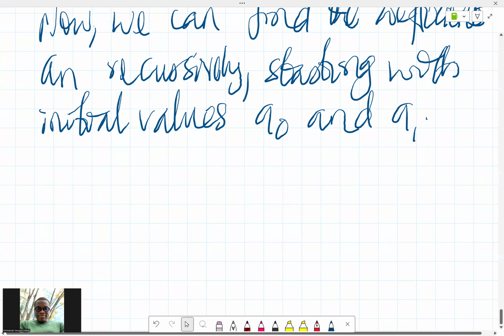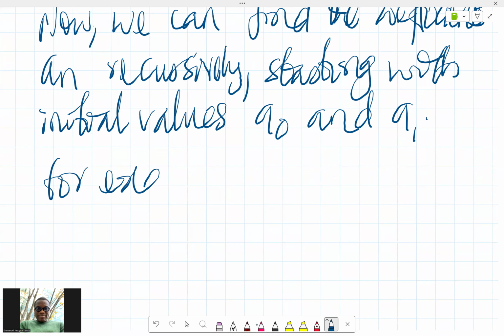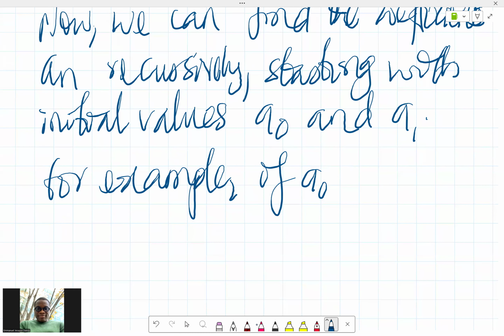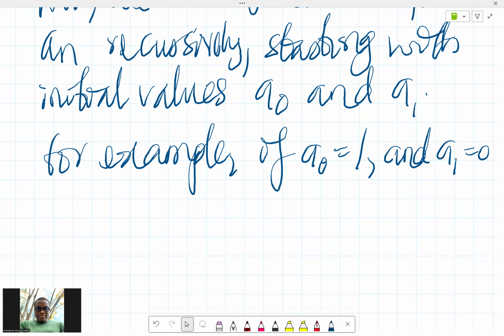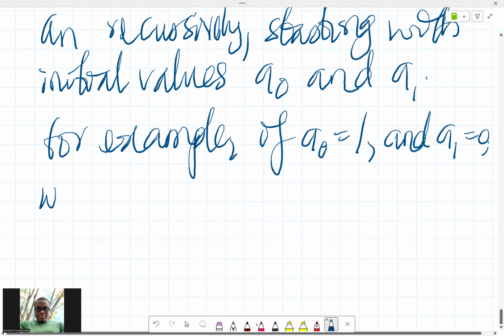So for example, if a0 is equal to 1 and a1 is equal to 0, we can have that given to us, or we can just choose randomly. So if you take a0 to be 1 and a1 to be 0, then we can compute the following.